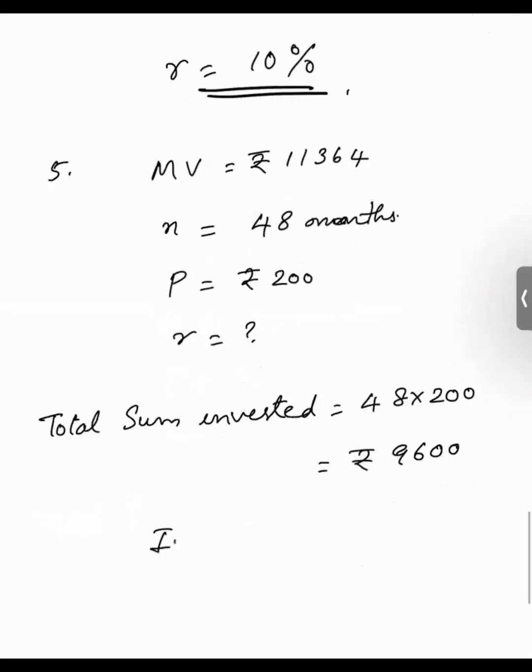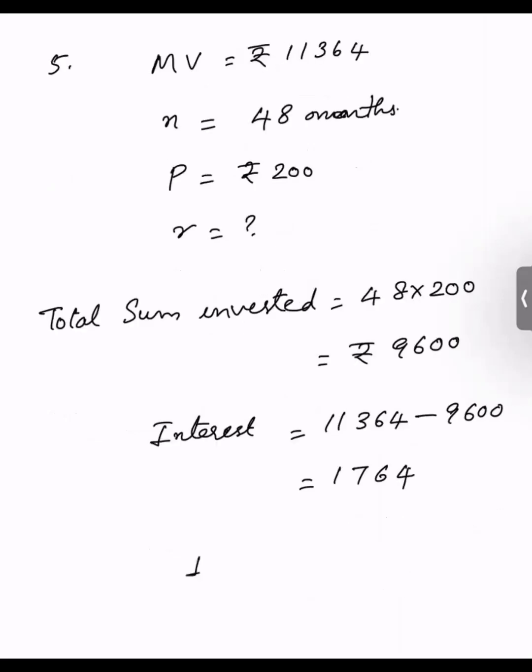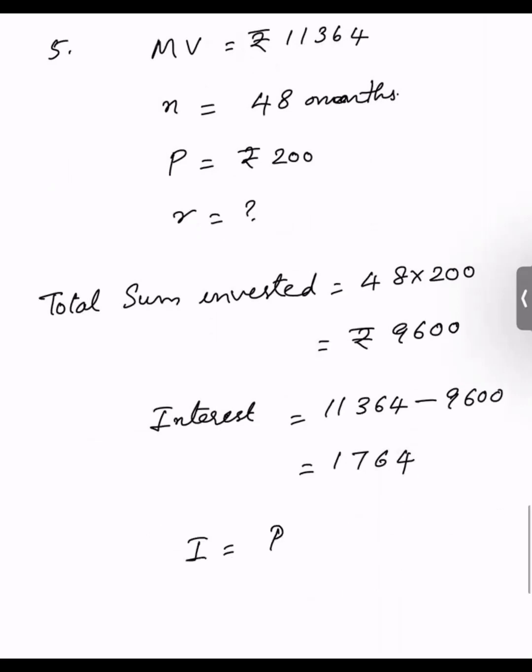What is the interest? Interest is 11,364 minus 9,600. What is that? Just figure it out. I think it is 1,700 and something, 64. I am going to substitute this value in the formula, because the formula is P into N into N plus 1 into R by 2 into 12 into 100.